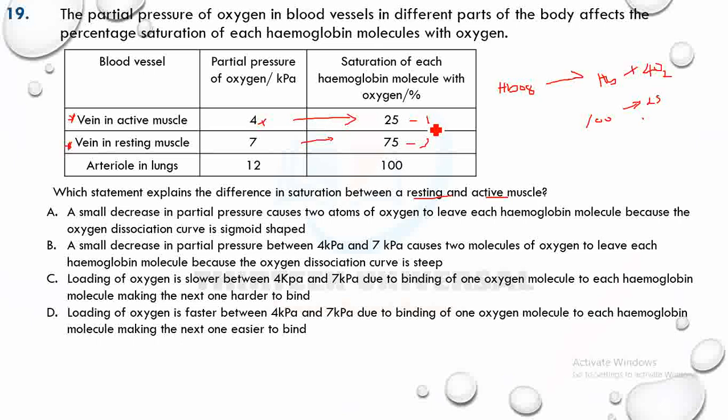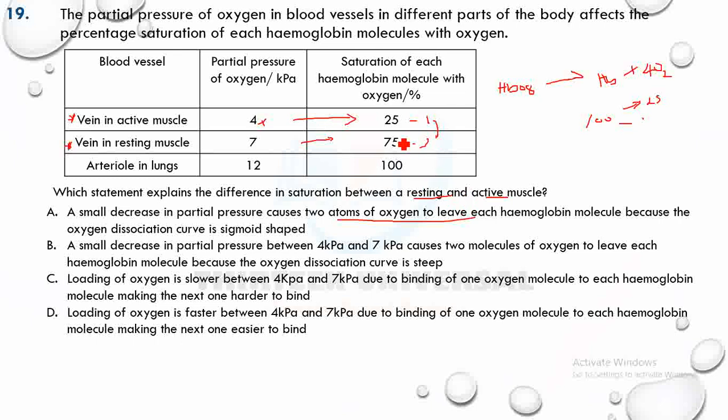So the question says a small decrease in partial pressure causes 2 atoms of oxygen. It's not 2 atoms that will leave. What will leave is 2 molecules. Are you following? To fall from here to here, 2 molecules have to leave, because we're looking at the difference in saturation between rest and active.